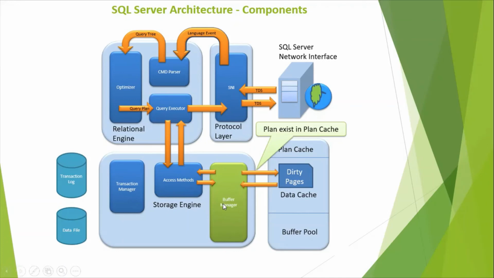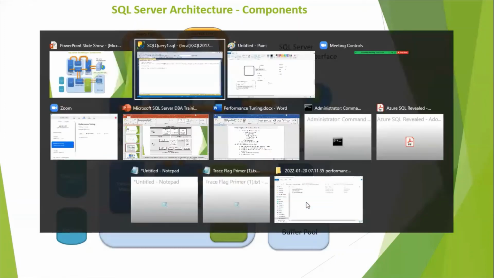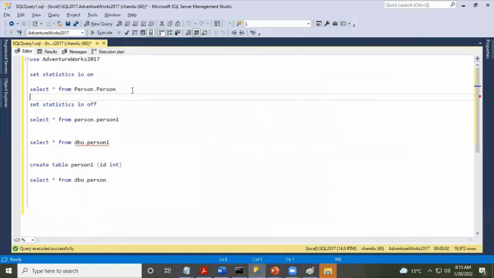What the buffer manager does is check whether the pages are available in the data cache or not. The data cache is where we store the pages to read the data. If the pages are only on disk, we will not get the data.